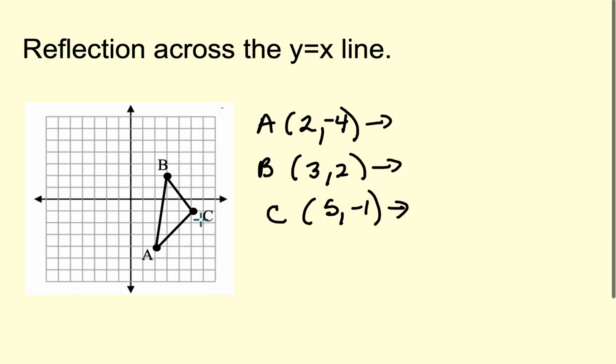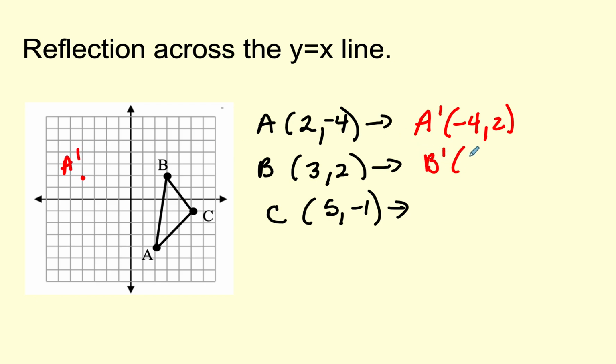Let's do it one more time. A prime will be equal to -4, 2. So -4, 1, 2, 3, 4, and up 2. And that'll be A prime. B prime will be 2, 3, over 2, 1, 2, 3.